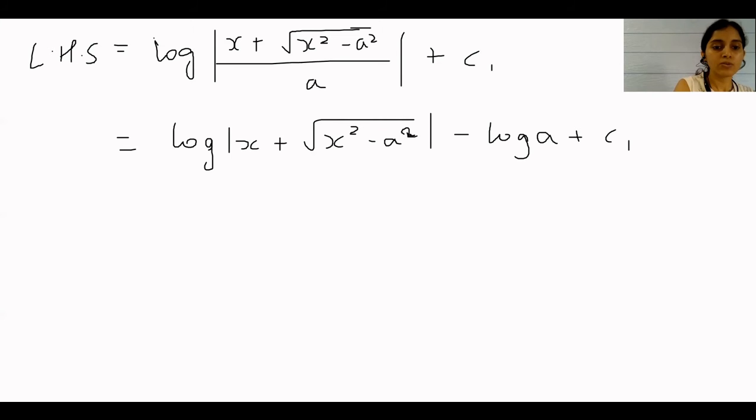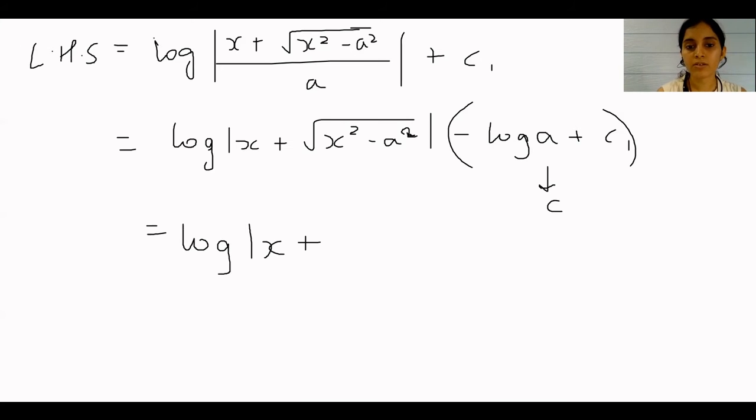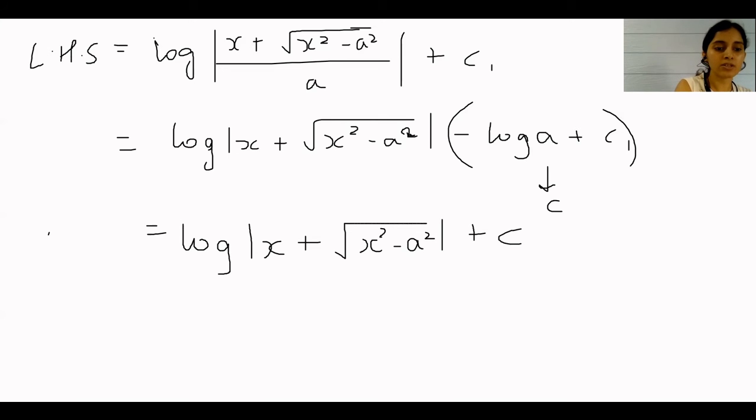Now this minus log of a plus C1 can also be written as another constant, say C. Because log of a is basically a constant value, anything added to a constant is a constant only. So this will be log of x plus root of x square minus a square plus c. That is your LHS. Clear? Which is equal to our right hand side.